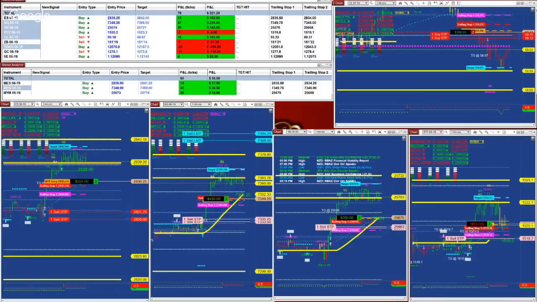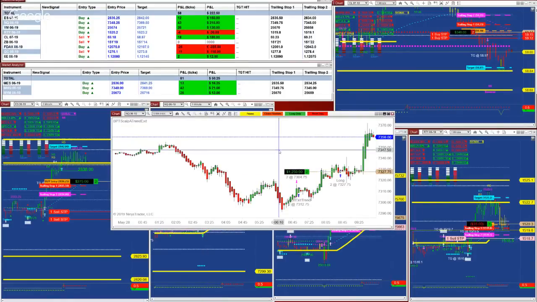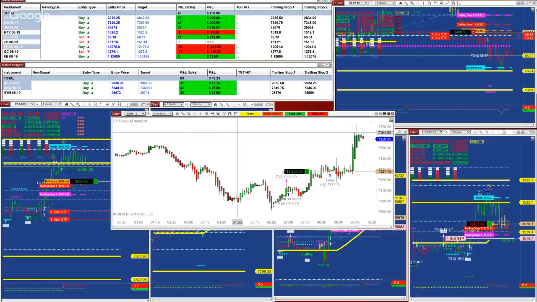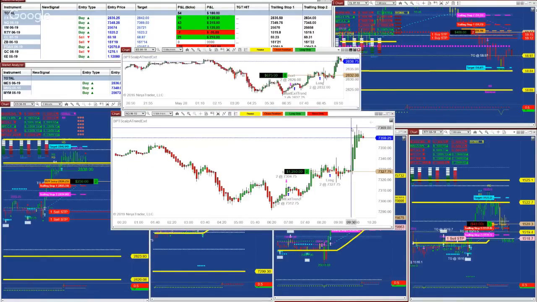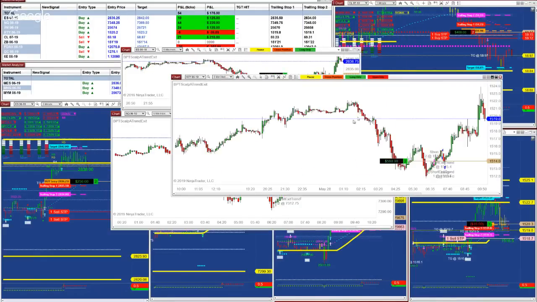Also, we will be covering some of the automated swing trading. We had one losing trade at the start, and then we start taking off on the ES and Nasdaq and Russell and the DAX, all of them on the swing trading.